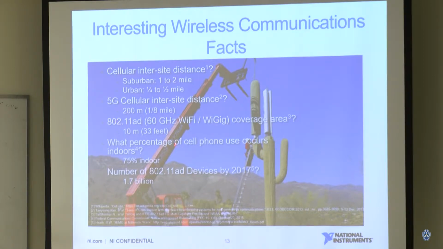Remember, WiGig uses a 60 to 75 gigahertz carrier frequency, and at higher frequency your signal will be absorbed and degraded a lot by the air. So you need a huge amplifier to amplify the signal in order to send it to the destination. And 10 meters, about 33 feet, is the limit. If you send a WiGig signal more than 10 meters, the signal will not be efficient to receive.